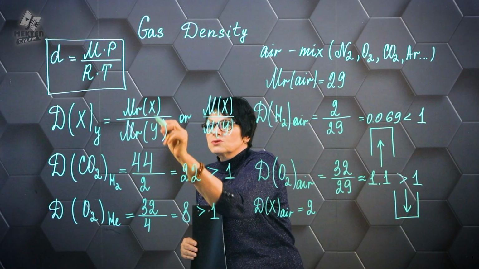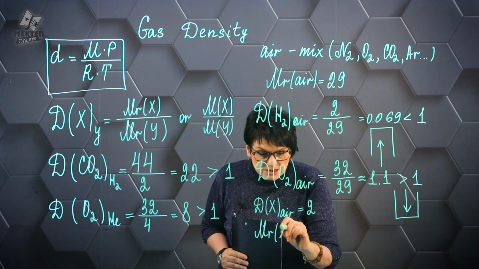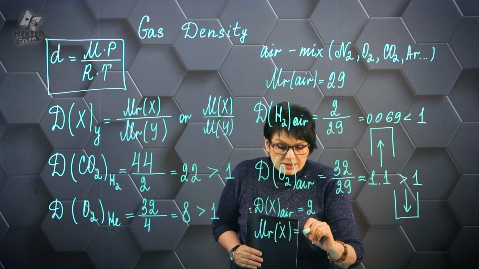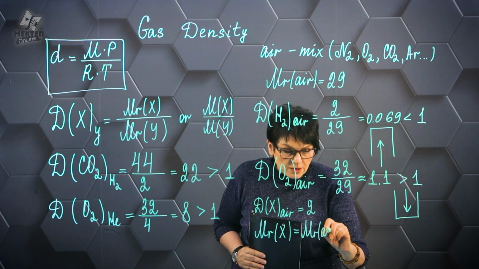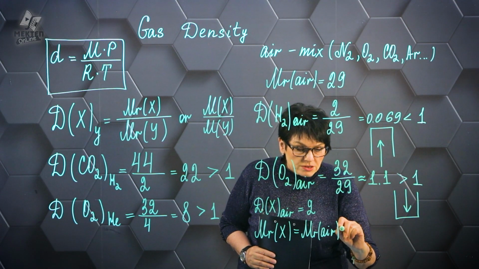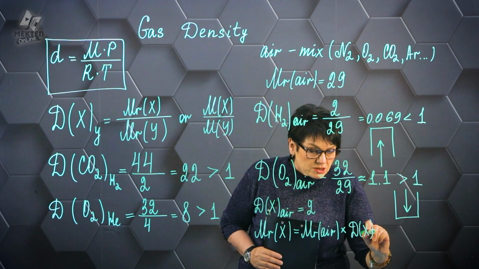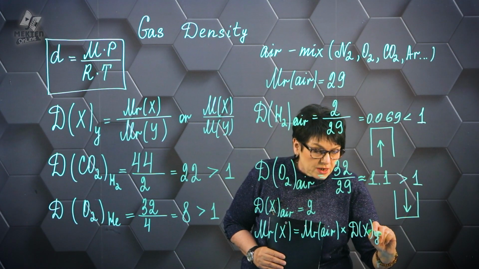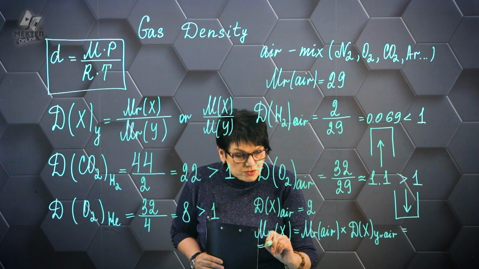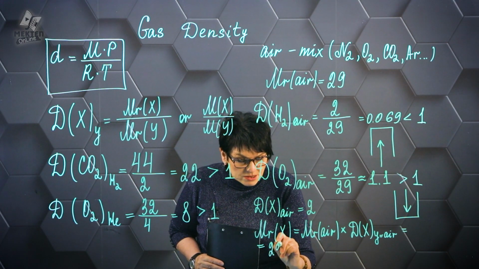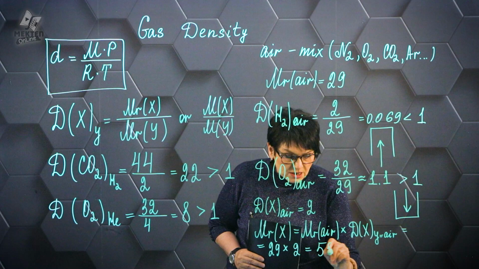We convert this formula, and if the molecular weight of the unknown gas is X, we need to multiply the molecular weight of the air by the D of this substance, X by Y, where Y is our air. And then we have 29 times 2, so the unknown gas weighs 58.